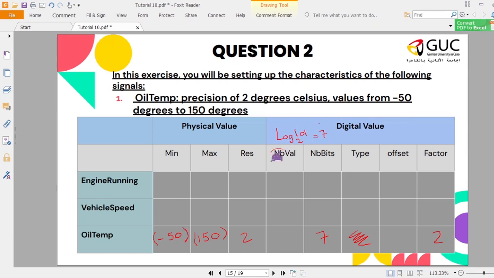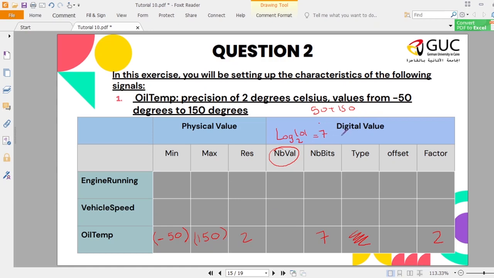Okay, for the total number of values, we will add the minimum. We are calculating this again, because I calculated it very fast and did not explain it. Now, if we add 50 plus 150, previously we took into consideration our resolution.